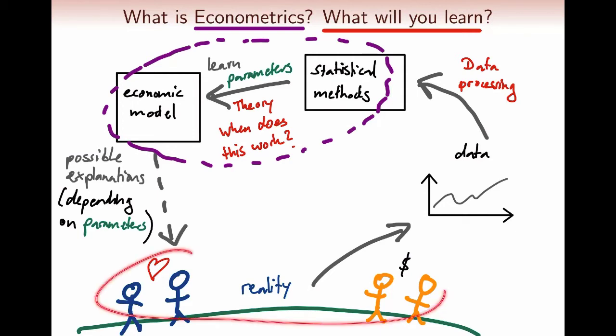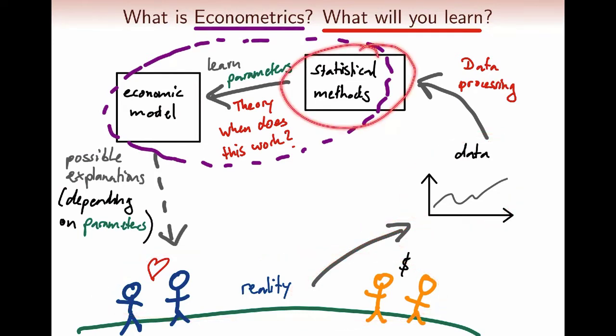Fortunately, our economy is producing data. We can use this data by applying statistical methods to figure out in what kind of economy we live, and this allows us to understand economic behavior. So to do econometrics, we combine economic models with statistical methods, and the statistical methods handle the data part.